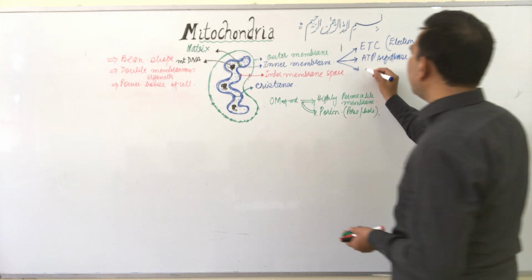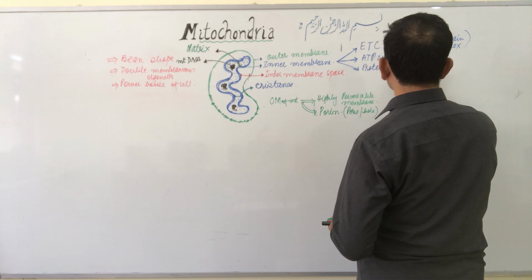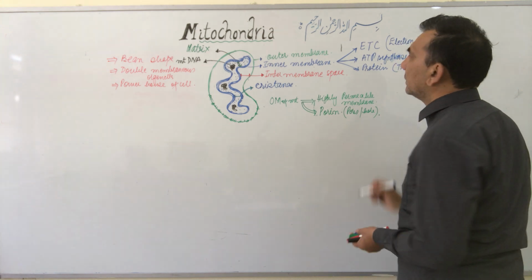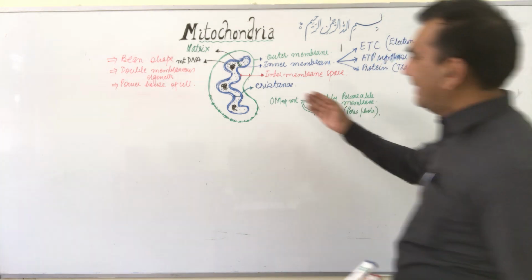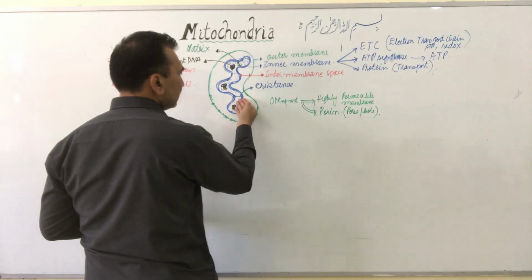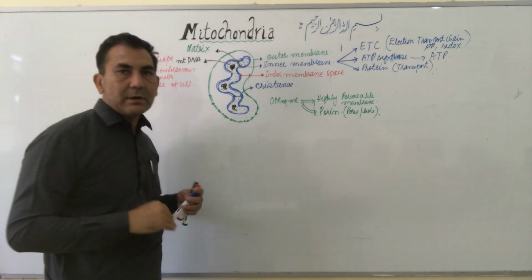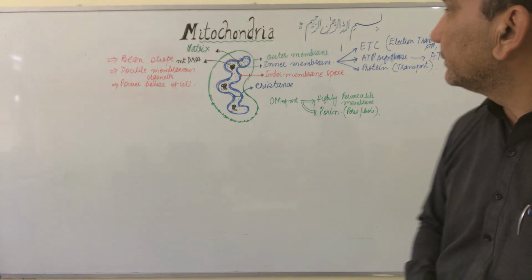And the third function is to transport proteins. It transports the protein from the intermembrane space to the matrix, and from the matrix to the outside of the mitochondria.